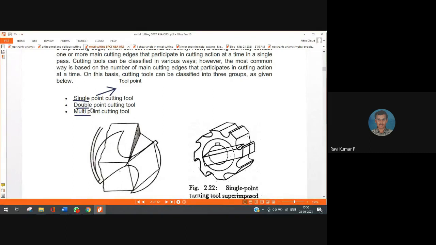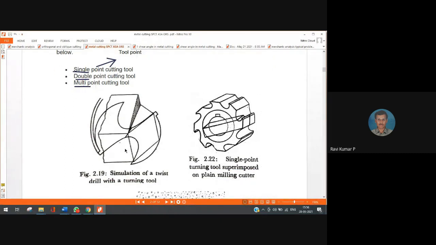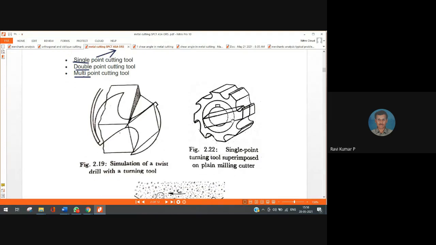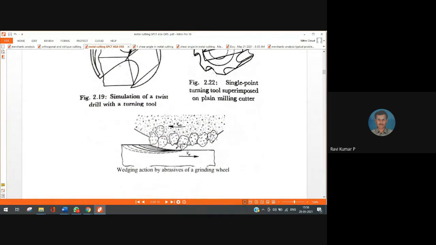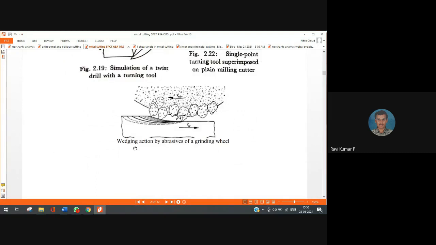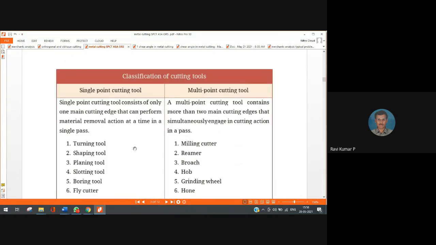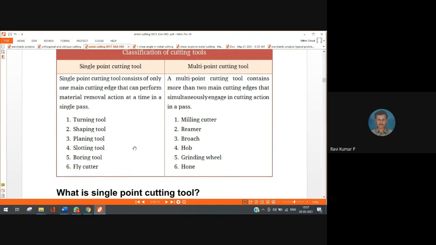Double point cutting tool: a drill bit. The milling cutter, a hob, a hacksaw, or even a grinding wheel are all multi-point cutting tools, where the number of tool points is multiple.